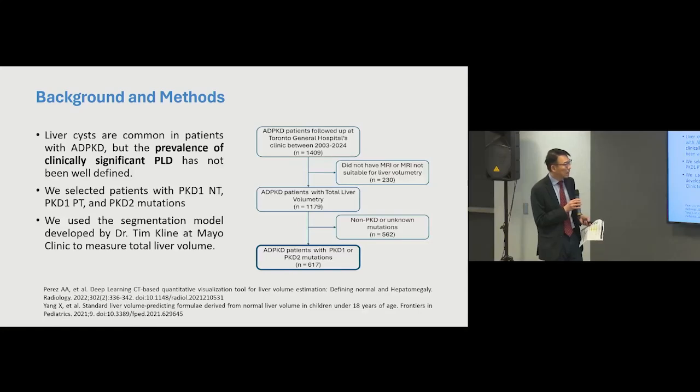And then some of them were known to have either non-ADPKD or of unknown mutations, and then further exclusion results in about 617 patients that we know the disease is due to PKD1 or PKD2. All of these patients had been mutation characterized.